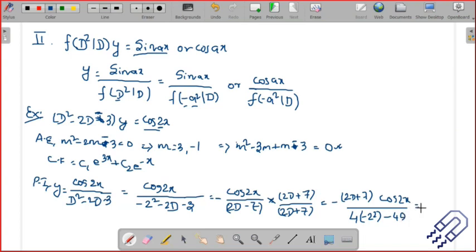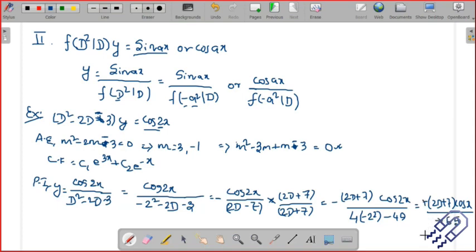In that way we get a minus sign here, and this would be 2D plus 7 cos 2x divided by, 2 square is 4, so 4 into 4 is 16, so minus 16 minus 49, so it is minus of 65.